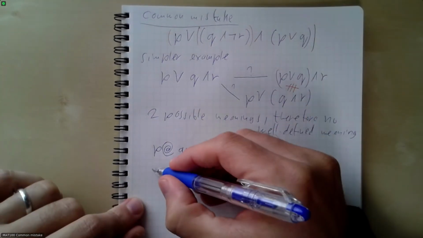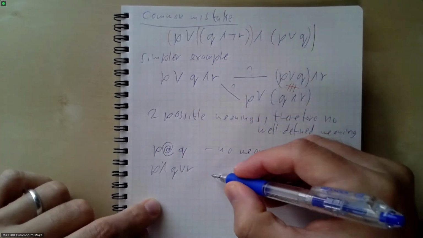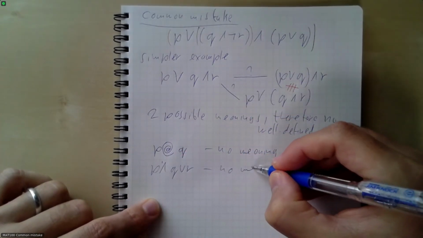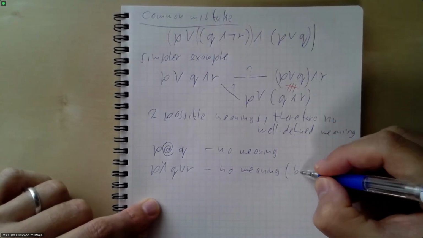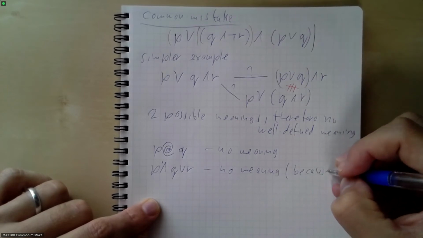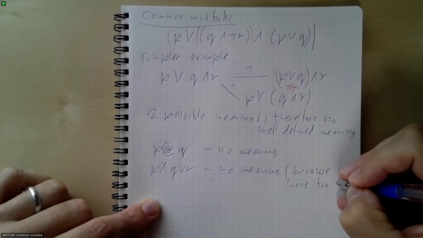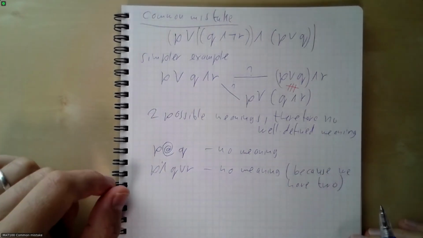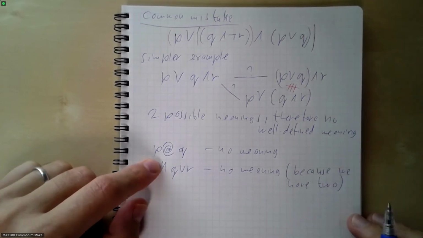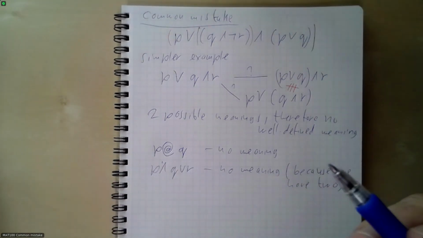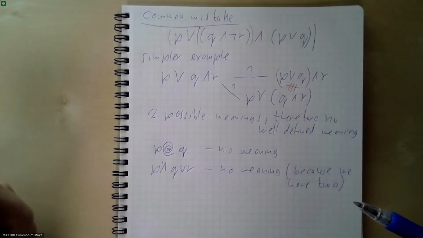The same with P and Q or R, no meaning, because we have two readings. An expression can fail to have meaning in two different ways. One is that there is just no meaning because, well, what is this symbol? No idea, no one said anything about it. Or because it can have two different meanings.